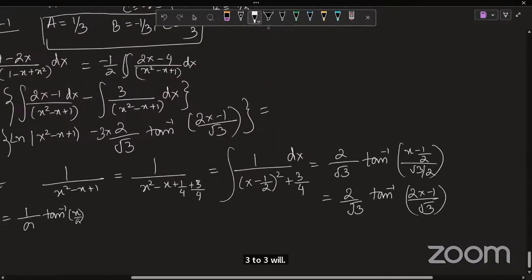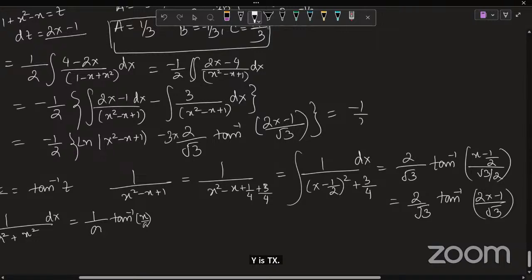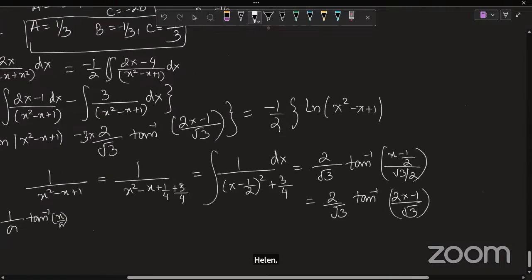So C, it will be minus half ln x square minus x plus 1 minus 2 root 3 tan inverse 2x minus 1 upon root 3.